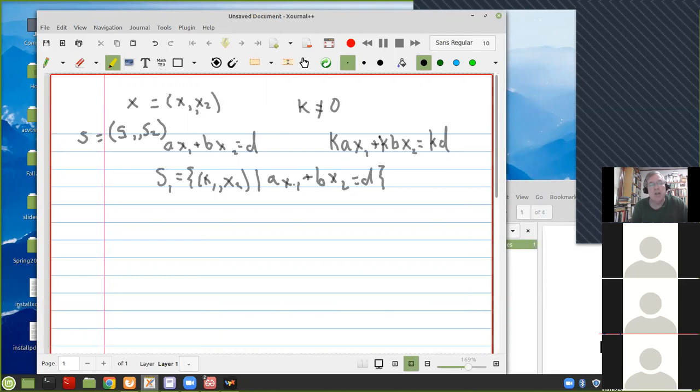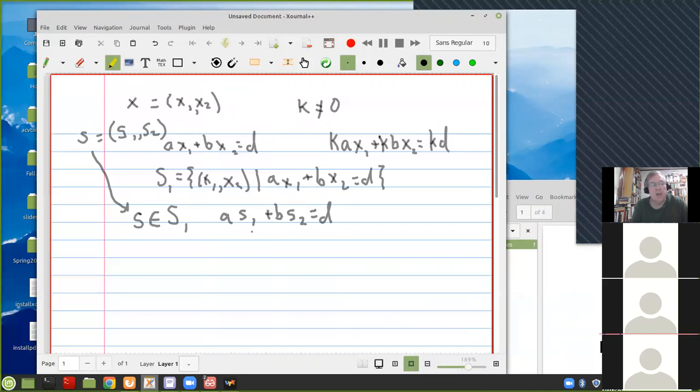So how do I use this definition? Well, I'd say that S, this S up here, is a member of S1. That's not a member of, that's equals. This is the membership symbol. This says this ordered pair is a member of this set exactly when A S1 plus B S2 equals D. So I plug in, A, B, and D are already numbers, and S1 and S2 are my chosen numbers.